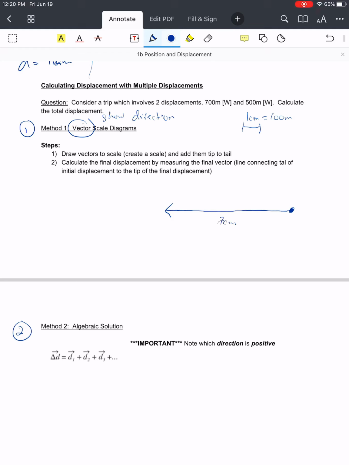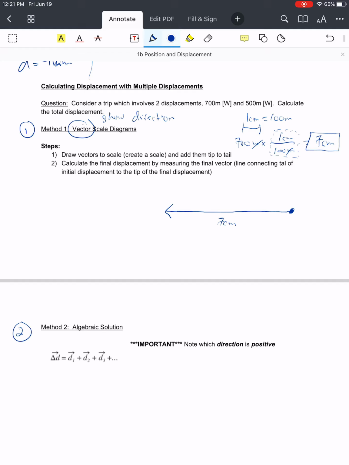To do this, you would take 700 meters times our unit factor, 100 meters and 1 centimeter. Meters and meters cancel. So 700 times 1 is 700, divided by 100 is 7 centimeters. That's how you can convert from your value using your scale, using the unit factor that we did in the introductory unit.